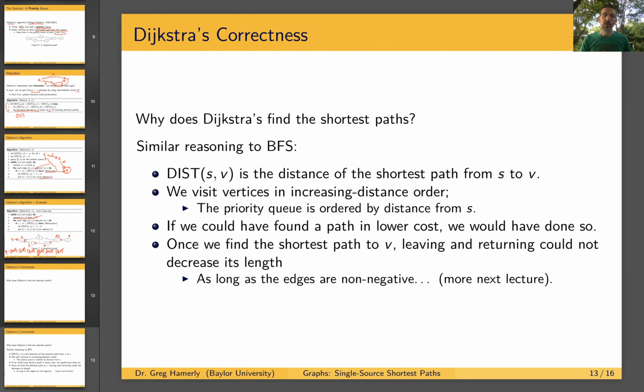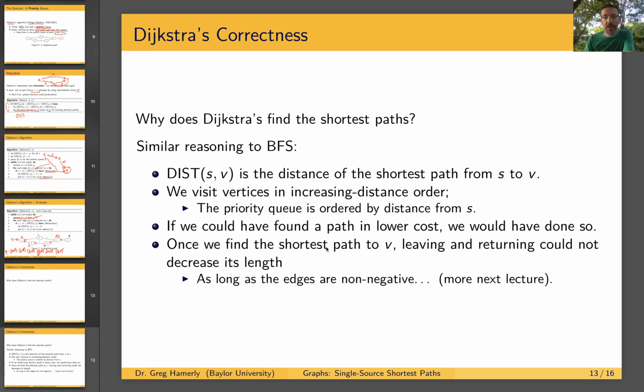Okay. So if we could have found a shorter path in lower cost, we would have done so. In other words, every time a vertex comes out of the priority queue, it's the closest vertex at that distance. There are no other vertices that we haven't processed that are closer. So the path that we found to that vertex must be the shortest path.